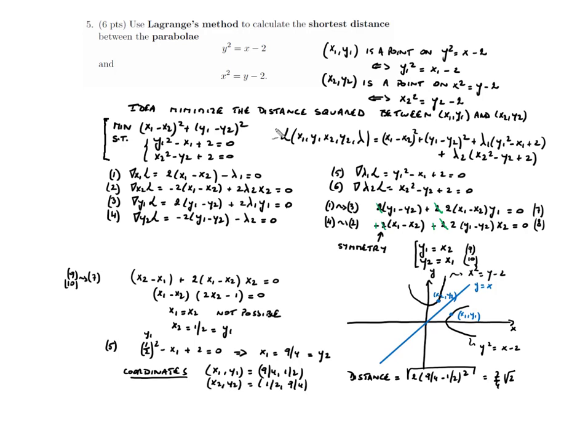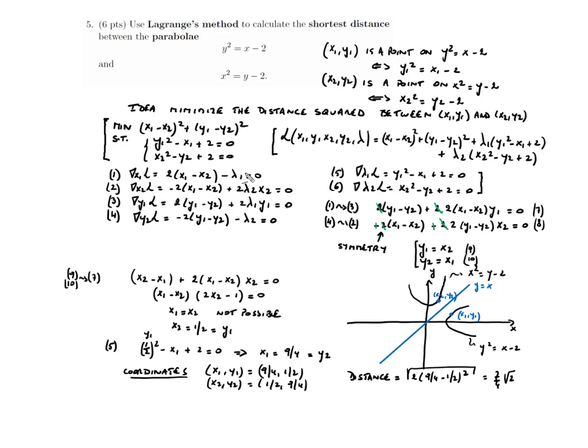We have now transformed our optimization problem that is constrained into one that is unconstrained, but with 2 additional variables, which are the Lagrange multipliers. So what you have to do is to compute the partial derivatives with respect to x1, x2, y1, y2, lambda 1, lambda 2, and of course these 2 partial derivatives simply yield the constraints.